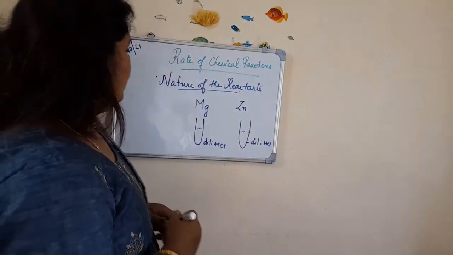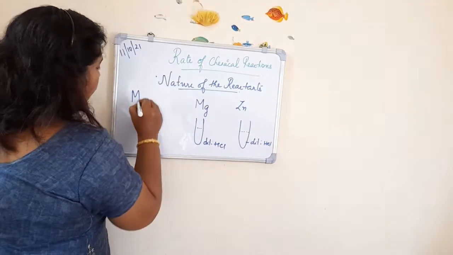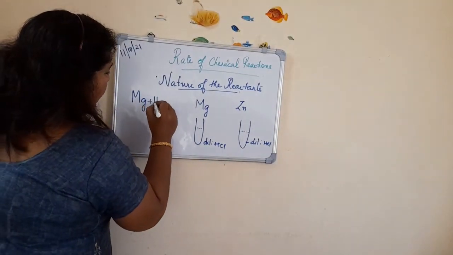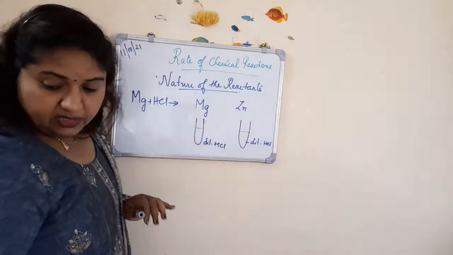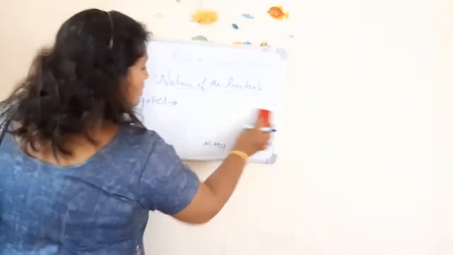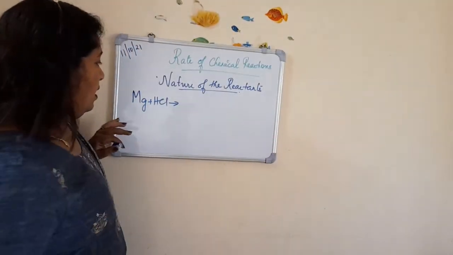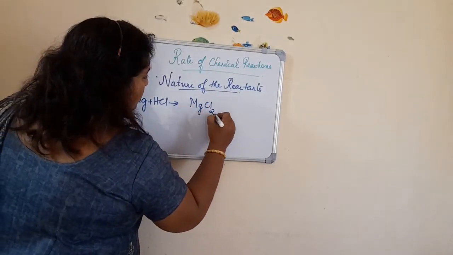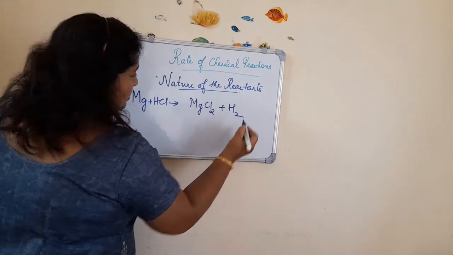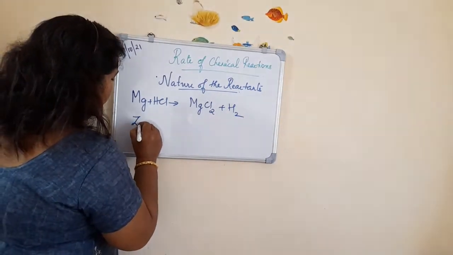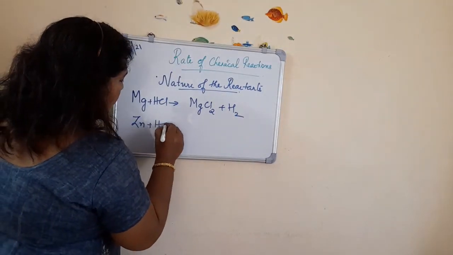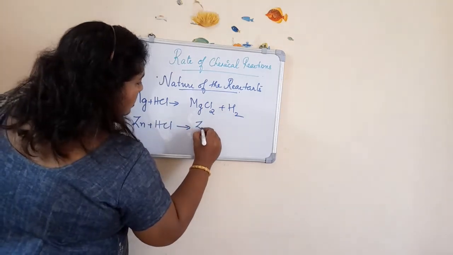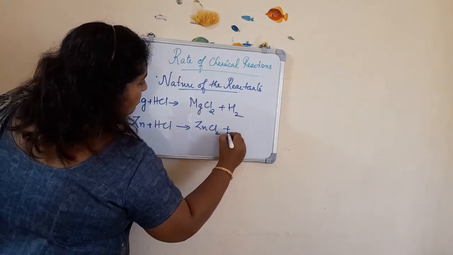The equations will be like this: Mg plus HCl gives MgCl2 plus hydrogen. Then zinc plus HCl gives zinc chloride plus hydrogen.